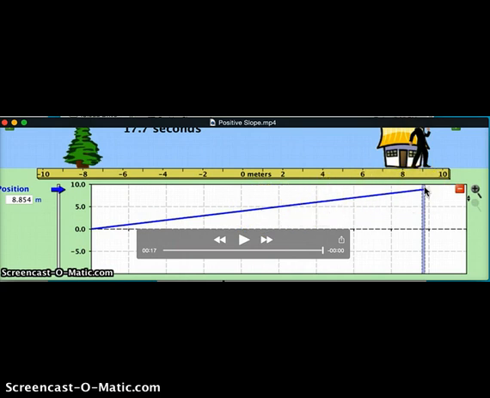Oh goodness, his position's changing, but he's at a constant velocity. And to make that action, let's watch it again, he's going away from 0. He's going away from his starting position and basically going to his destination.